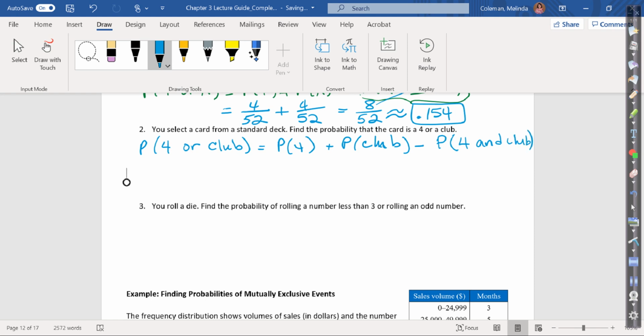Well, now you have to ask yourself, in this deck of cards, is there a 4 of clubs? And the answer to that is yes, there is a 4 of clubs. So how many 4s do we have? We have 4 out of 52. How many clubs do we have? Well, there's 13 clubs.